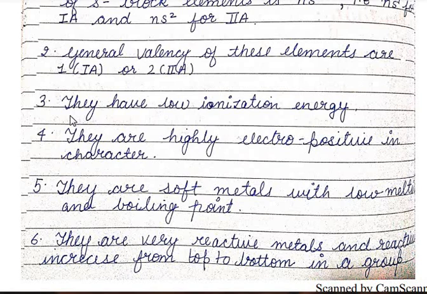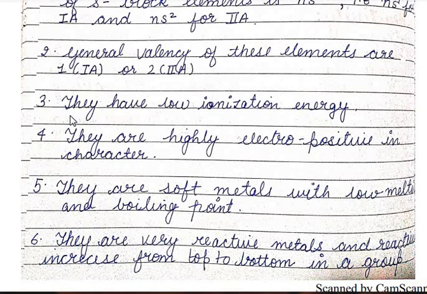Third, they have low ionization energy. Means the S-block elements have low ionization energy. Next, they are highly electropositive in character. Means they easily form cations.